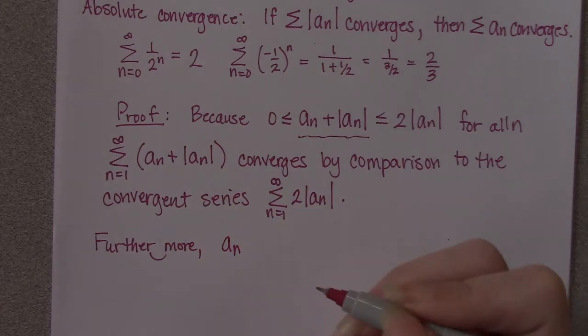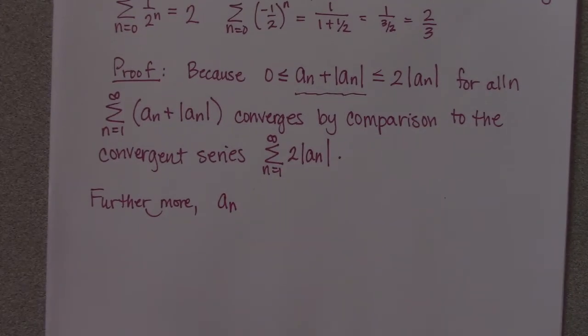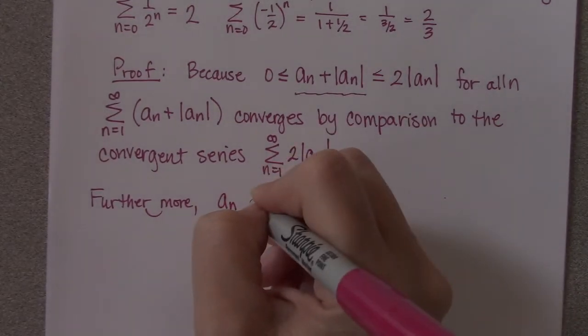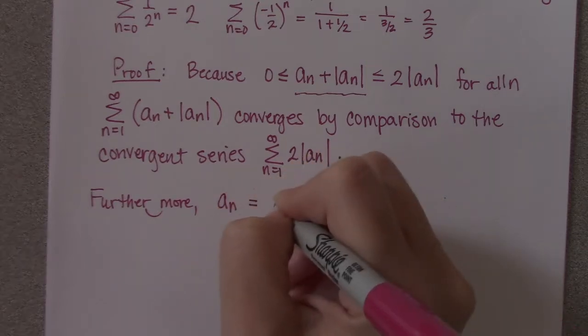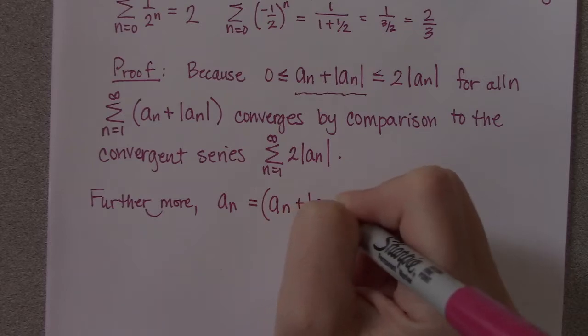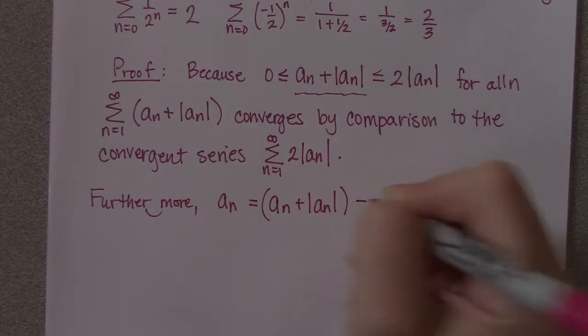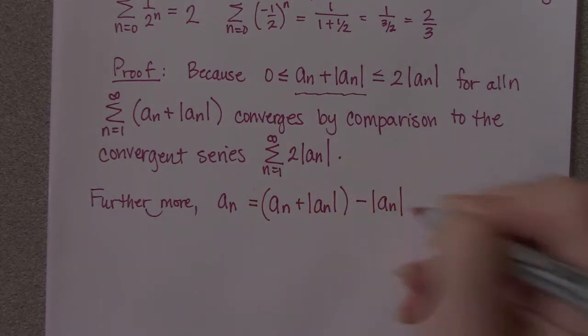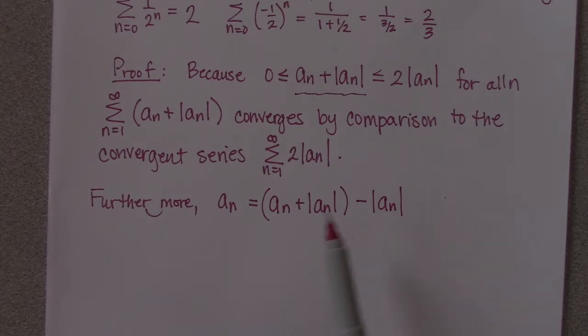we can write the term a sub n, there's sort of an alternative way of seeing this. We can say that any term a sub n is equal to a sub n plus the absolute value, minus the absolute value. So this just seems like a really silly thing to write out, right? Why would you add something and then immediately take it away?